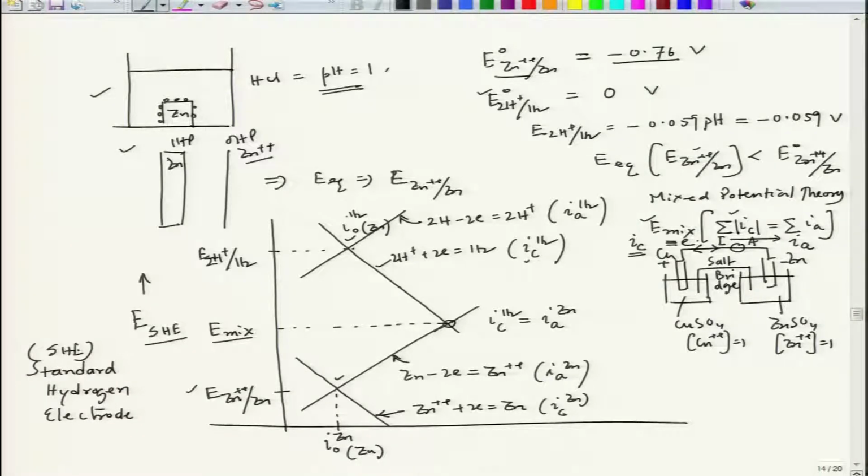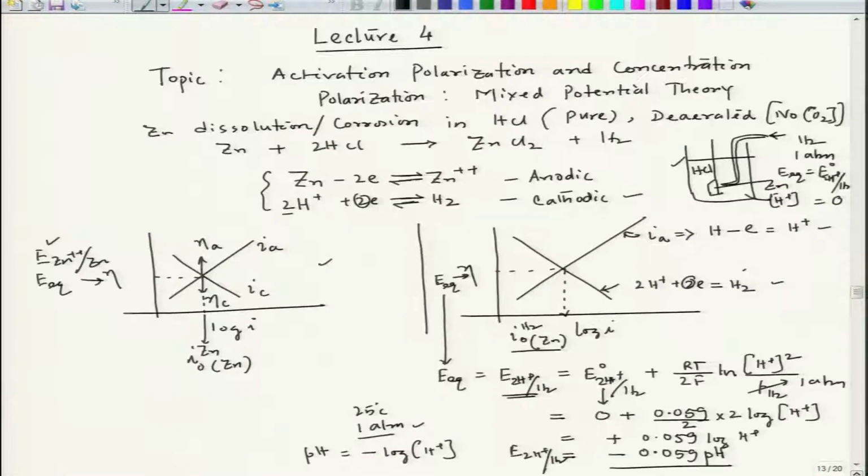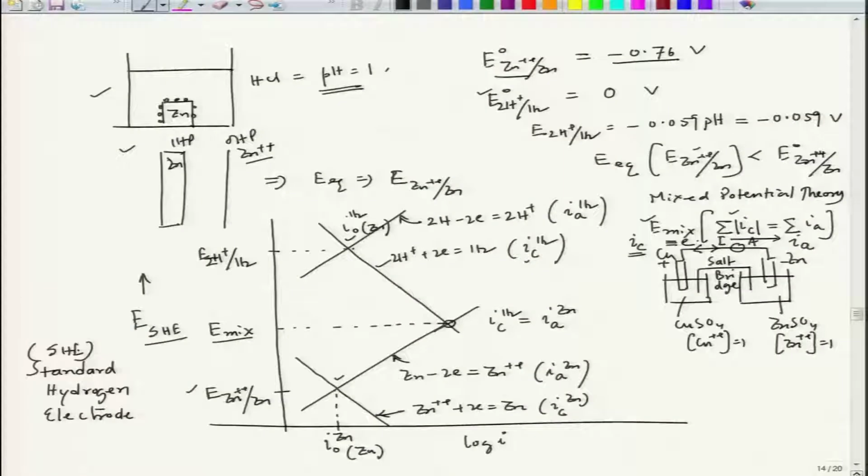Now, coming to some salient features in this diagram. This is of course a log I scale, because these two plots are done on the basis of log I. So, this is log I, this is the potential axis. Now, if we consider this point and this point, 3 points, they have some unique features.